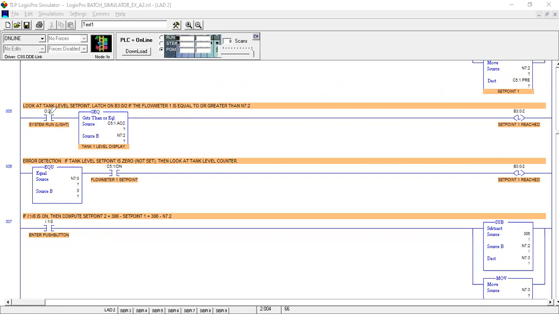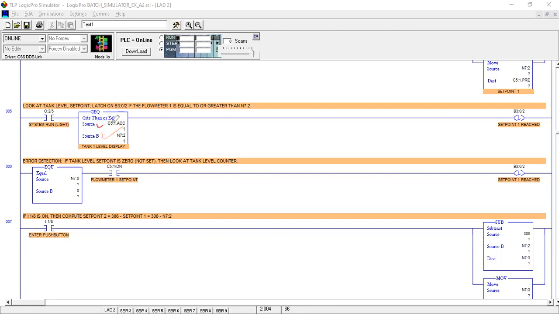Light run, when your light is turned on, it will give the supply to our greater than or equal instruction, and after computing this address, it will provide the power supply to our latch output instruction.